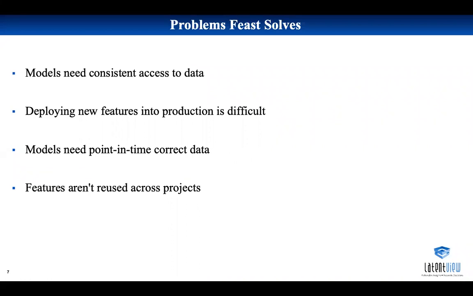And models need point-in-time correct data. That is another thing which Feast solves, because there are a lot of places where there's a chance for data leakage, since there are multiple layers, multiple teams and multiple people working on a particular model as data scientists.